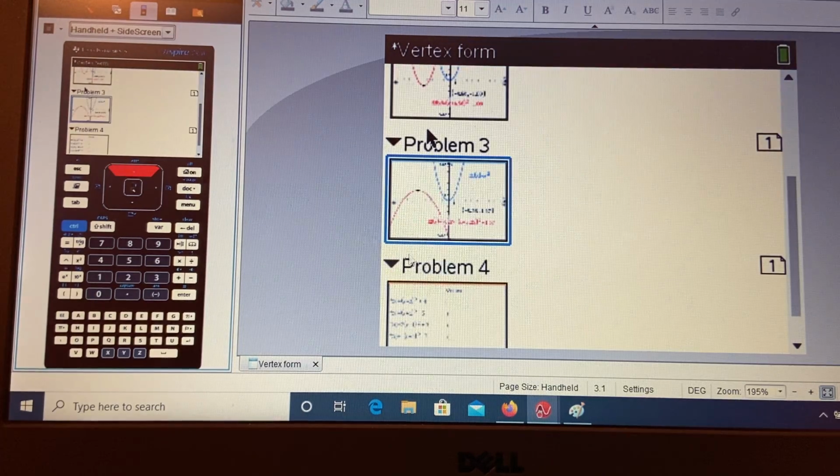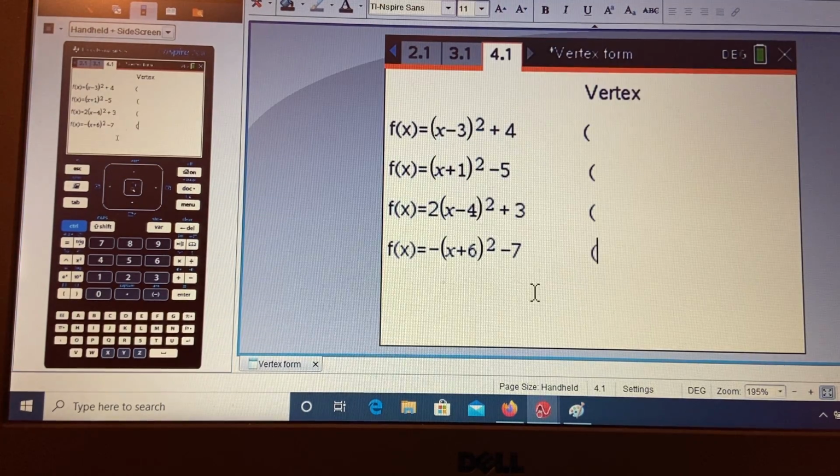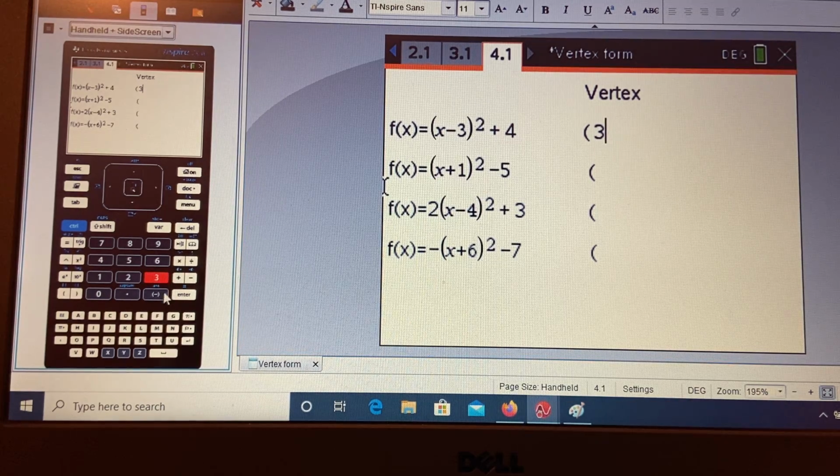So now let's look at some problems. If we look at these equations and we want to know the vertex of each one just from the equation, remember what we did on the graph, we took the opposite of this, so our horizontal change, which is our x value, is going to be 3, and then our y value, which is our k, is going to be 4.